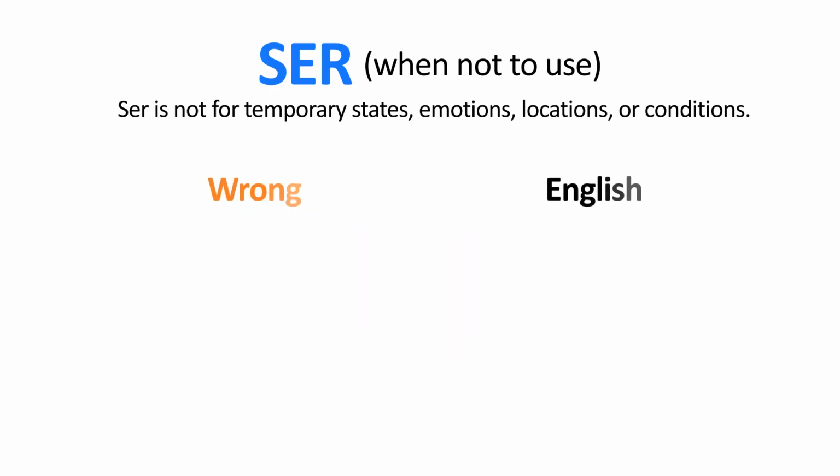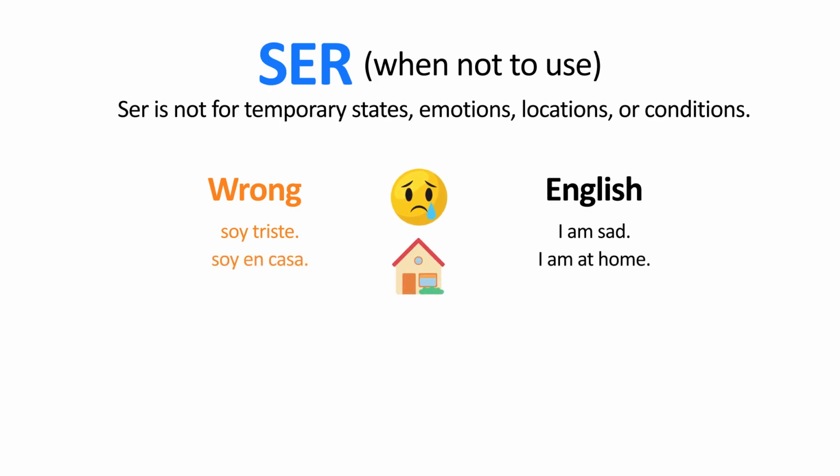For example, you don't say soy triste, pronounced triste, for I am sad, because sadness is temporary. You don't say soy en casa for I am at home because location isn't a defining characteristic. You don't say soy cansado, pronounced cansado, for I am tired because tiredness is a passing condition.